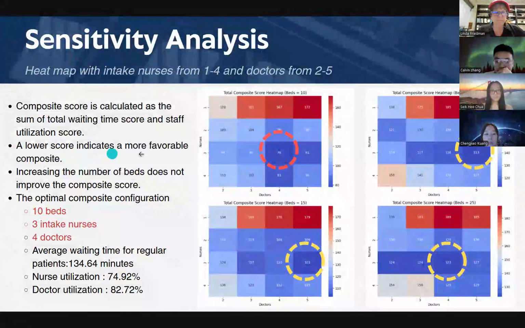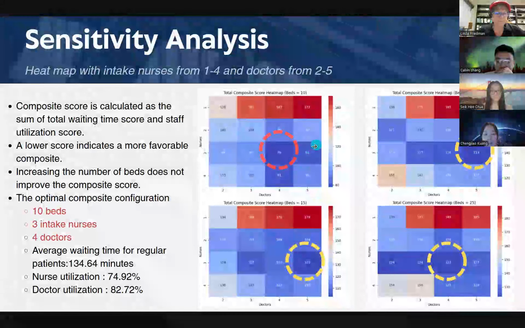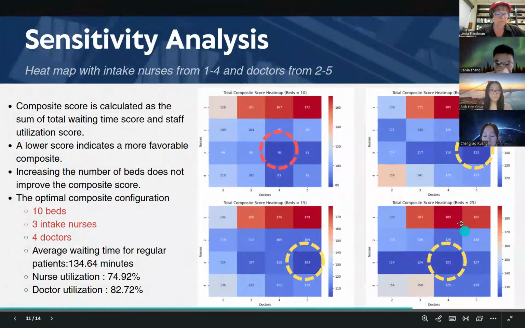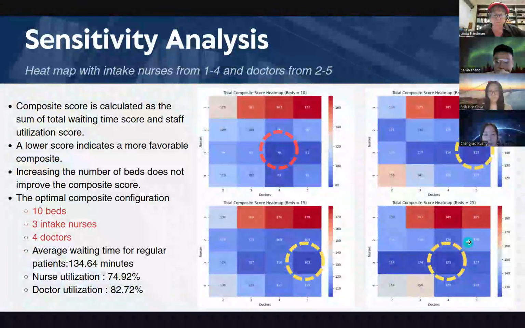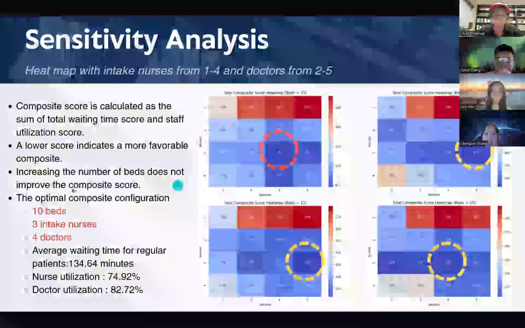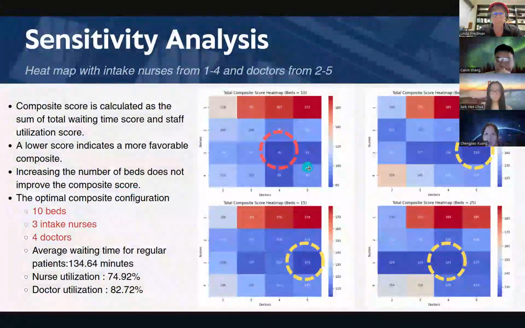A lower score indicates a more favorable composite. Here we can see that as the bed number increases, the composite score actually increases, meaning the utilization for beds is pretty low. So increasing the number of beds doesn't really improve the composite score.